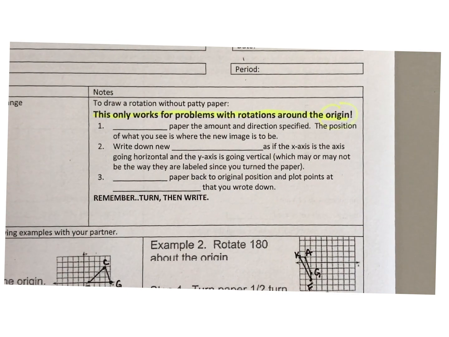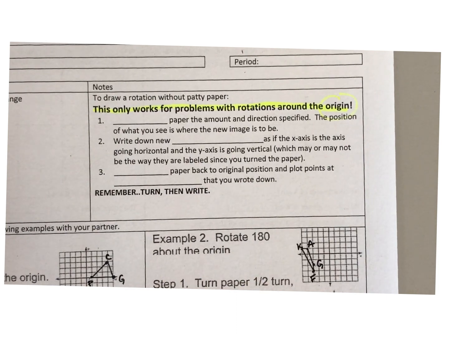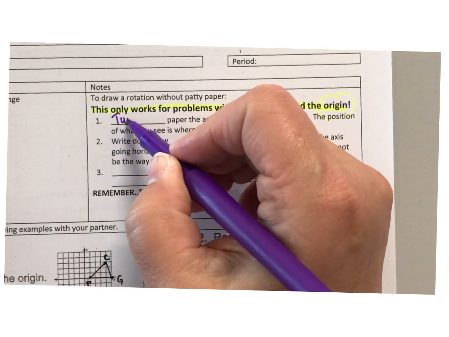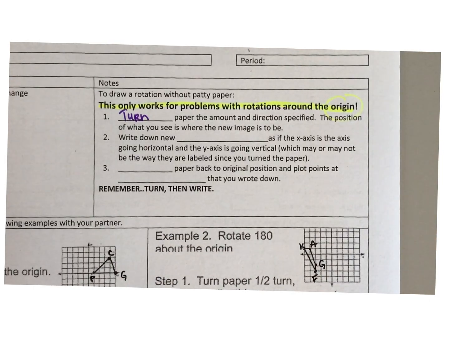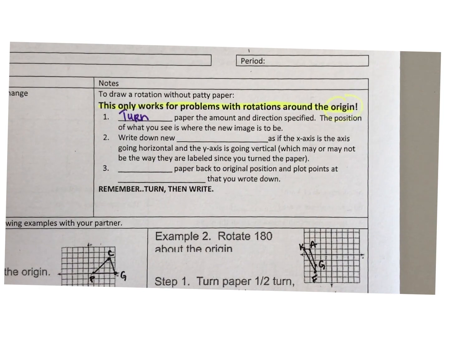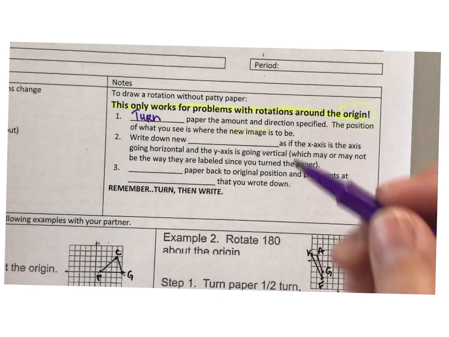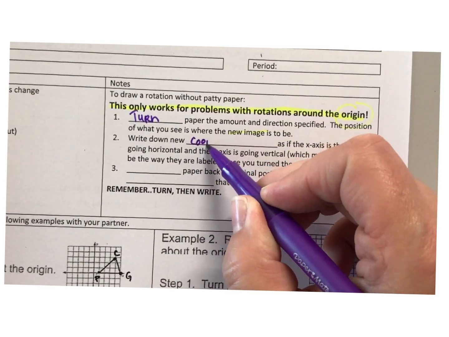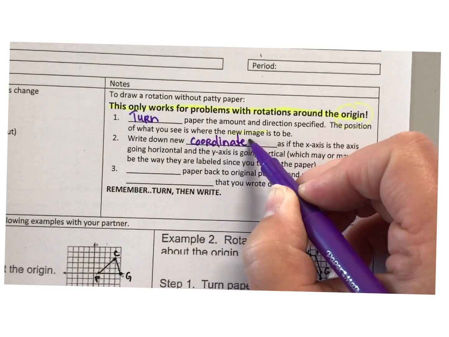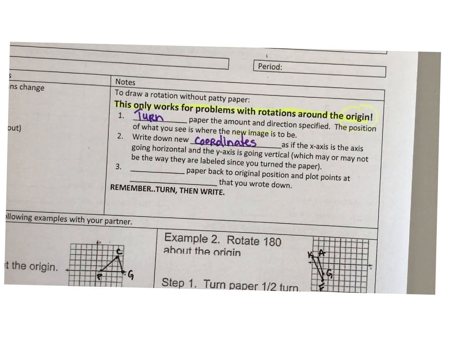To help us figure out what we need to do, number 1 says we are going to turn the paper the amount and direction specified. The position of what you see is where the new image is going to be. I'm going to highlight that. Then we write down the new coordinates as if the x-axis is going horizontal and the y-axis is going vertical, which may or may not be the way they are labeled since you turned your paper.